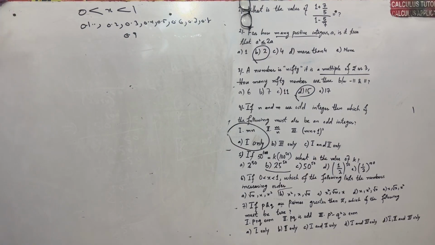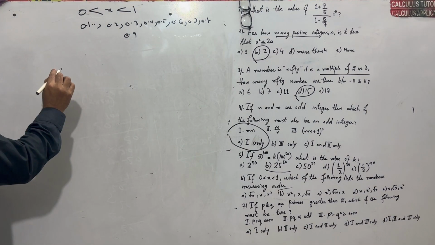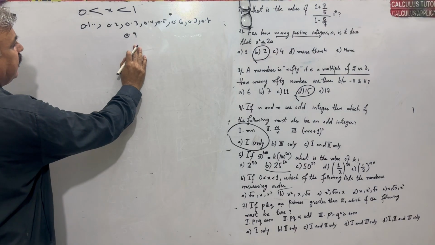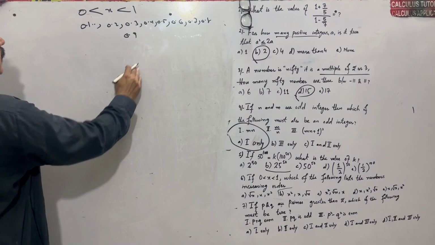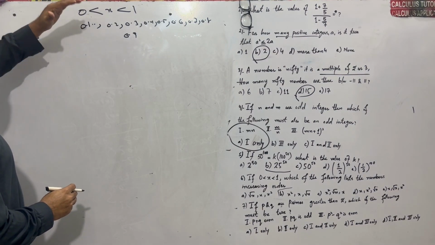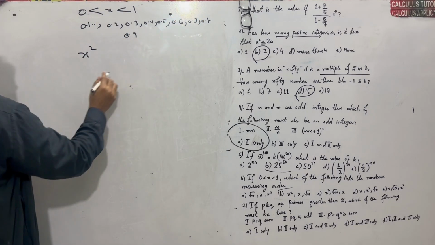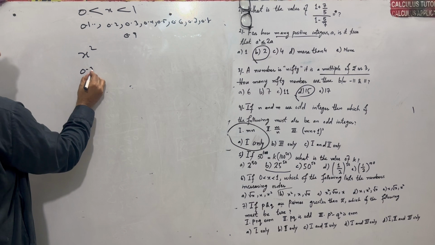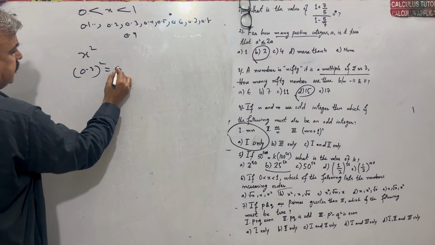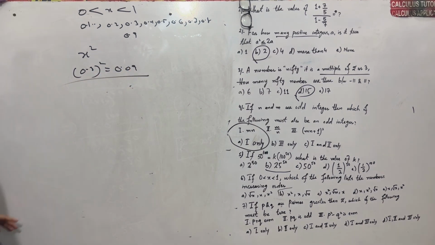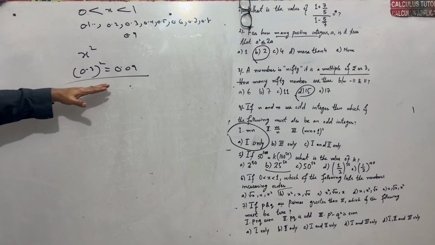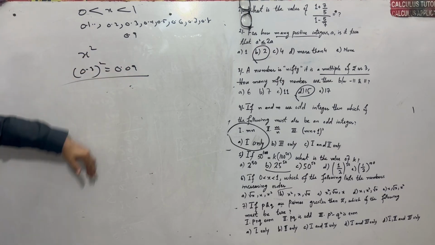This is my magical interval where, if you keep on multiplying, the quantity diminishes. Look, x square: take any value from here, I am taking 0.3. 0.3 square will become 0.09. Look at this: instead of increasing, the quantity has decreased.